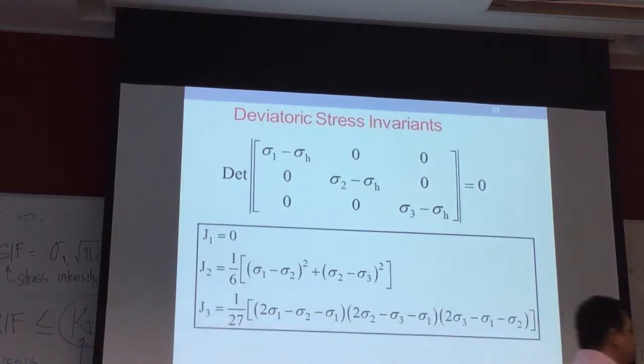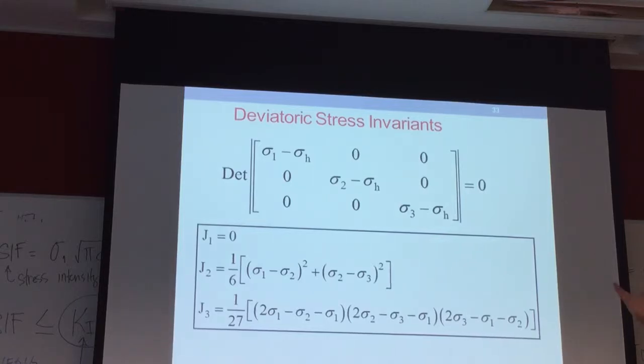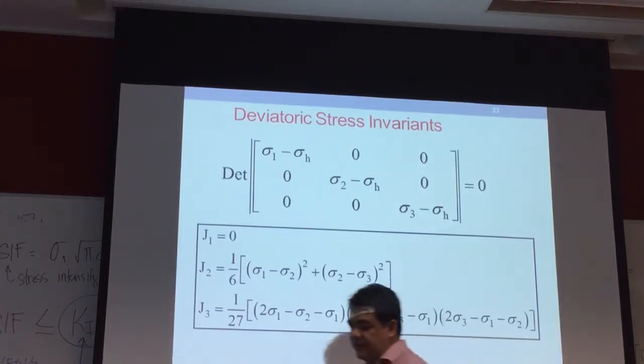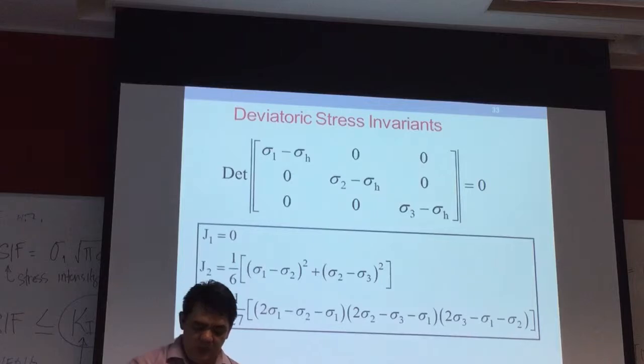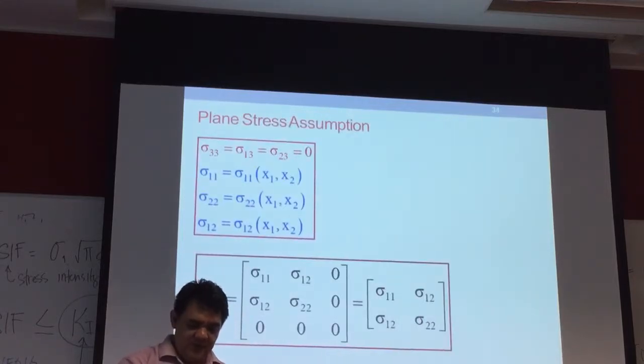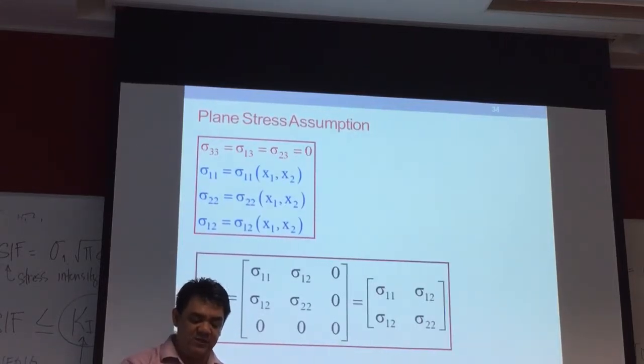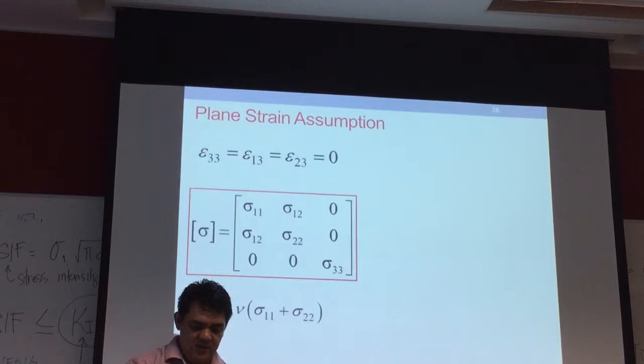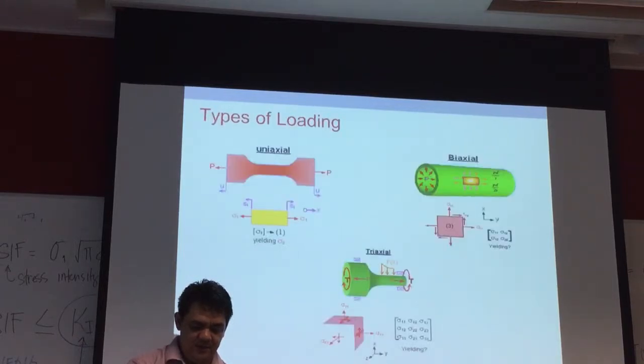So of course you can also use this one here. Not a problem. So here is just using the principal stresses. Yes, we have done the plane stress, plane strain assumption. So that's quite useful. We have already tested that. Right? You have the different types of loading.